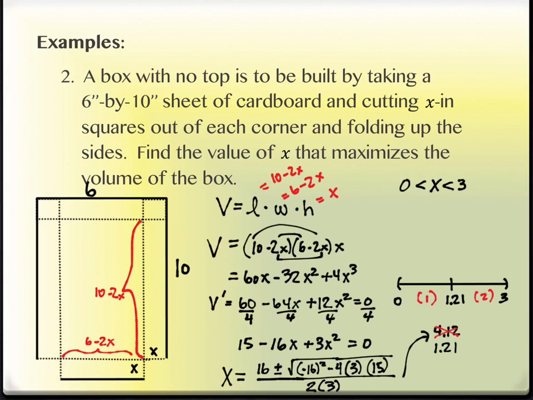Either way, what you find is that the first one is positive, and the second one's negative. Positive, negative looks like that, right? Increasing, decreasing. So what is this point? It's a maximum. So our x value is 1.21, and it's 1.21 inches because the problem was in inches.